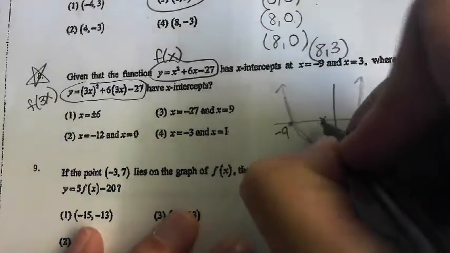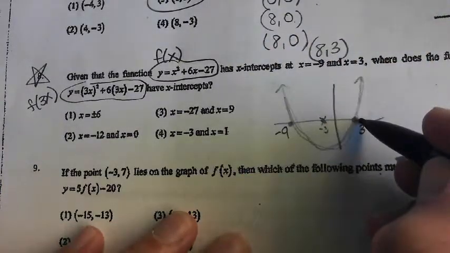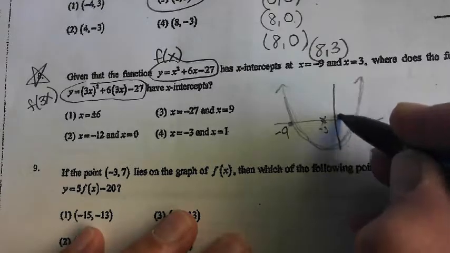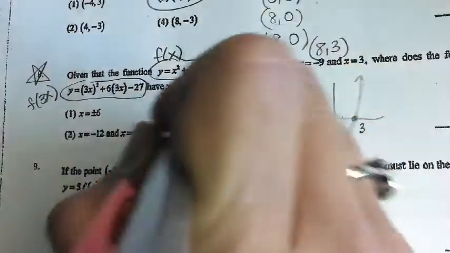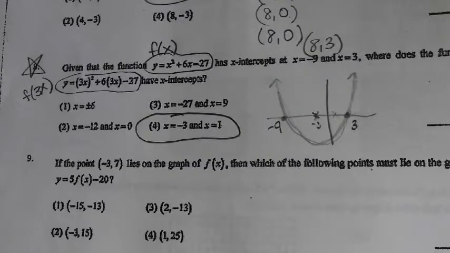Very good. If you compress 3 by 1/3, where is it going to be? 1. Awesome. Answer 4. So that's a tricky presentation of it, but I think it's a great one. I think it's something we should be able to make sense of.